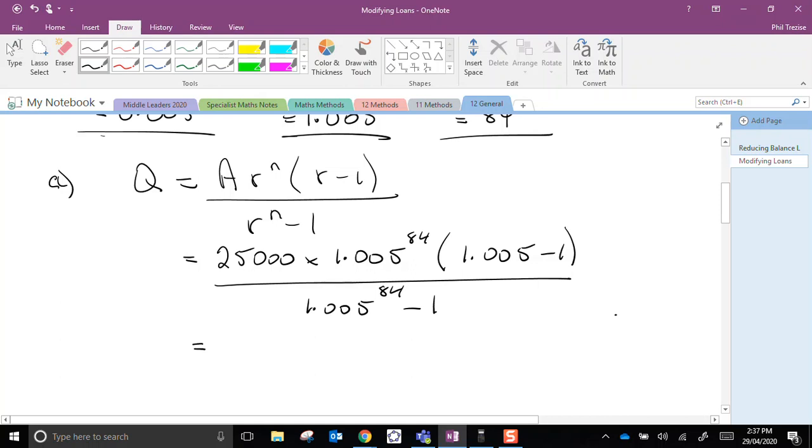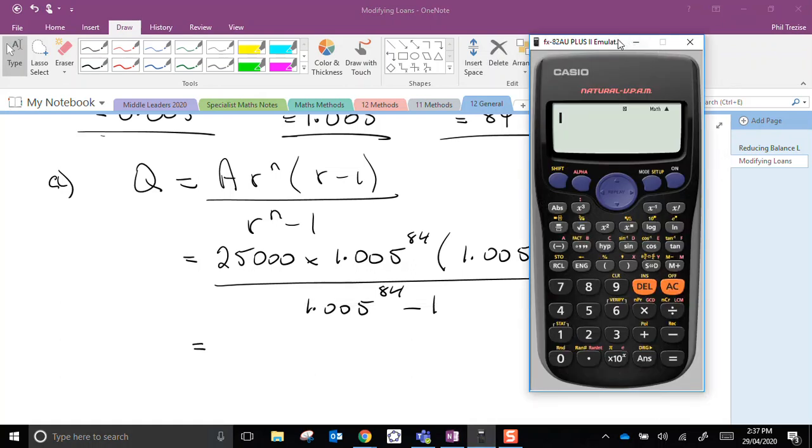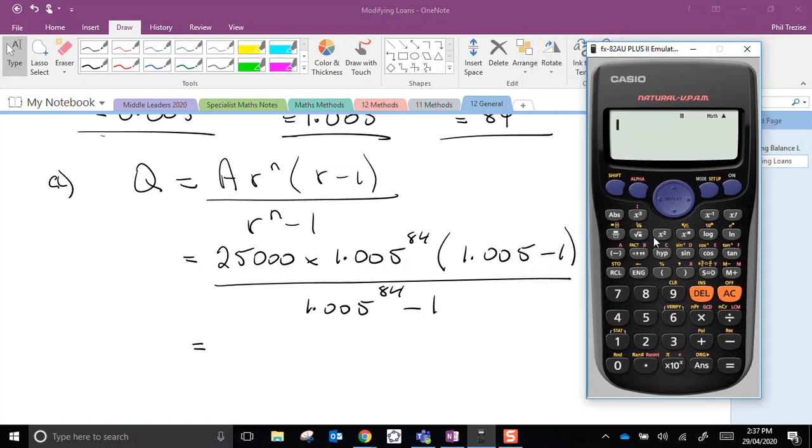Now, let's have a look at how to use the calculator to do that. So I need a fraction. I need 25,000 multiplied by, now this number here, the 1.005, that's the one that we had stored in memory B. And by pressing the letter B there, I will not have any rounding off errors occur.